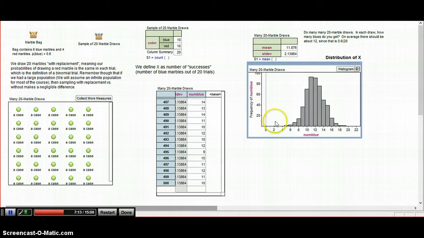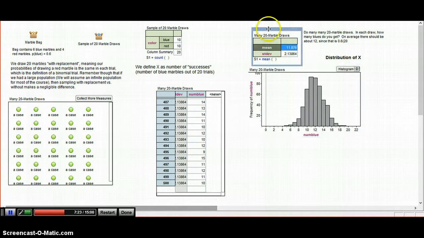It's not a perfect representation, but we get a pretty nice mound-shaped histogram around 12, and we should expect something like that. Now, let's take a look up here. This is what I want to focus attention on. Of those 500 samples, on average, we had 11.88 blues.